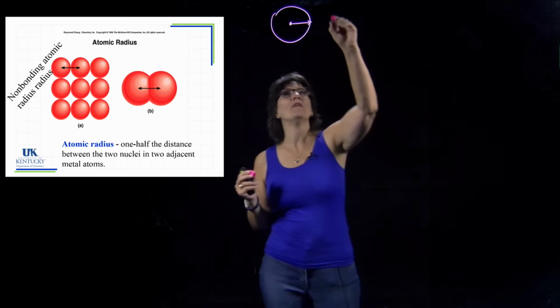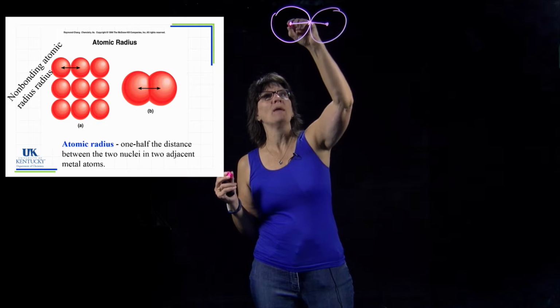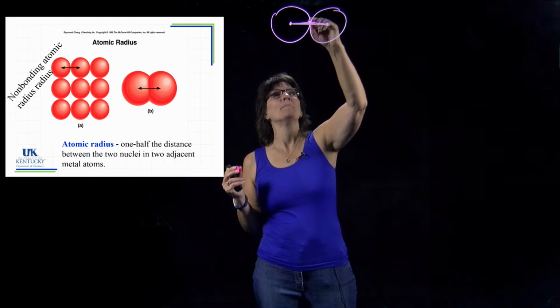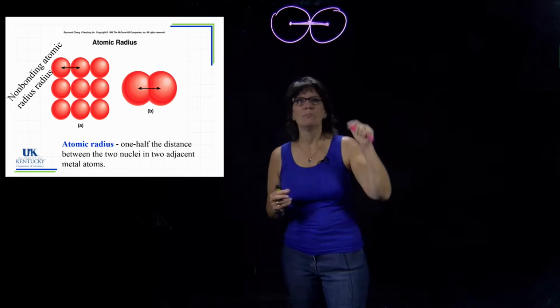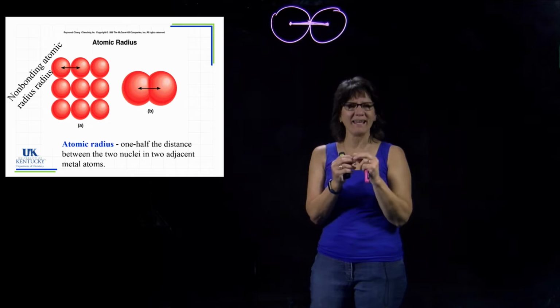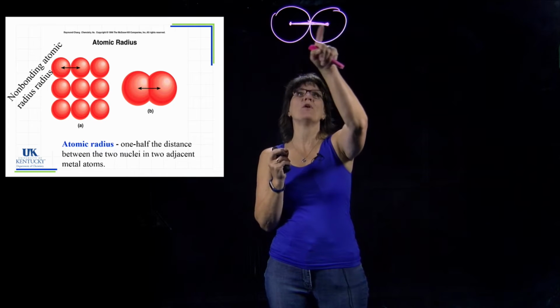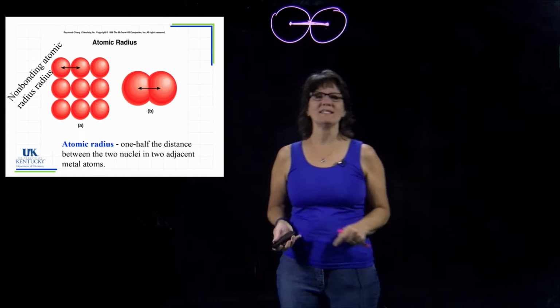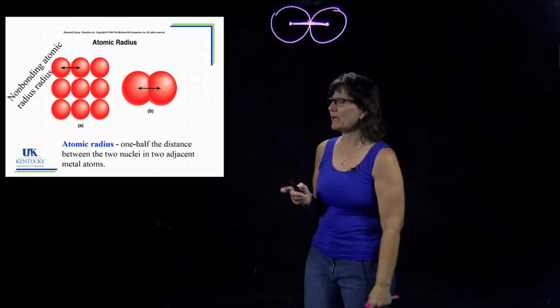But if you have two of them together, and we have the nucleus here, and we measure that distance, a nucleus can be identified and found. We can bombard it and hit a nucleus and know where that nucleus is because it's highly dense, packed protons and neutrons. So if we can find those two, we can measure that distance, and 1/2 that distance would be the radius of the atom.